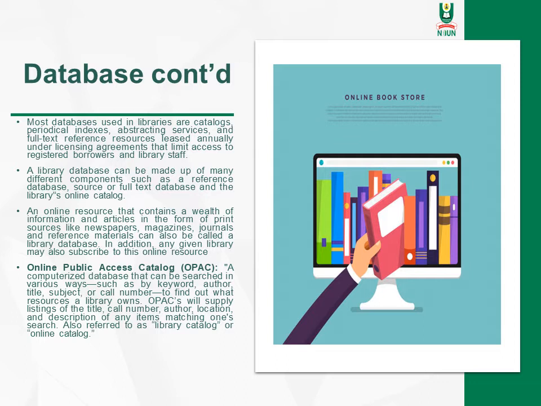An OPAC will supply the list of all the books in form of titles. It could supply the list of all books either by keywords or by the author, and anyone that needs information concerning any book will get it online, showing if the library has it or doesn't have it, showing other libraries that may have it, and also showing the location of the book in the library.